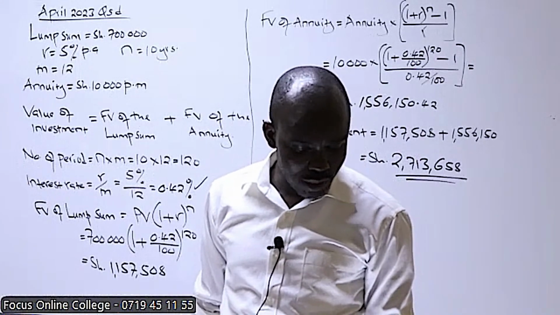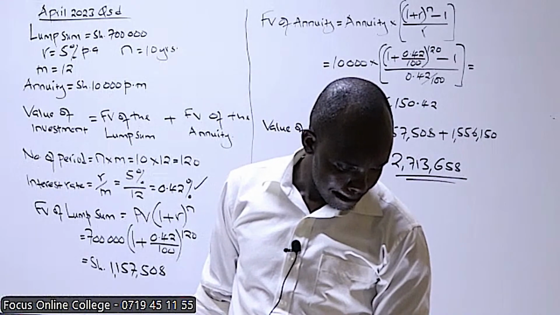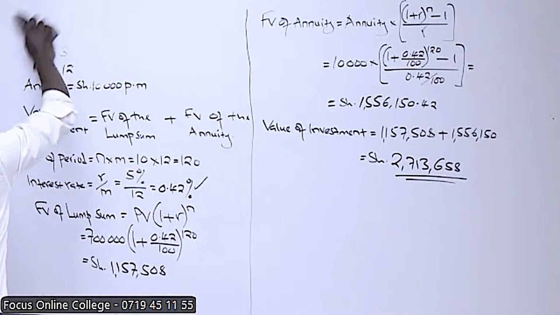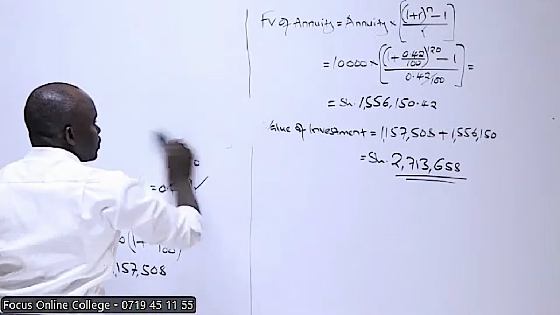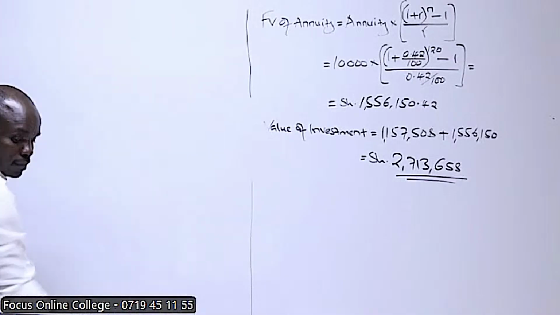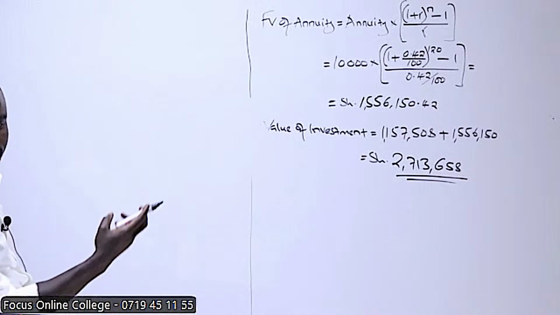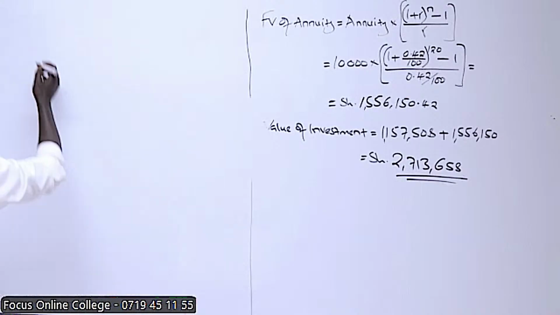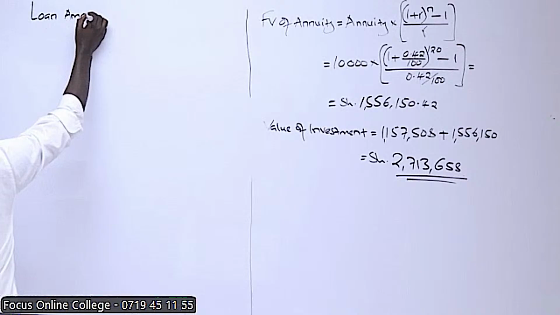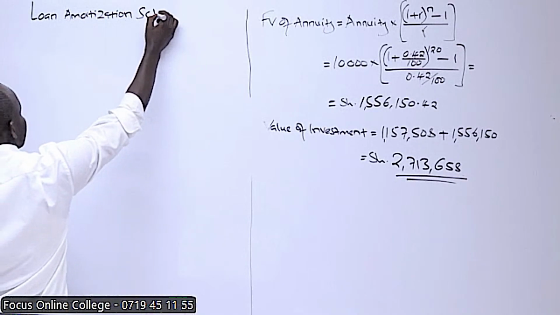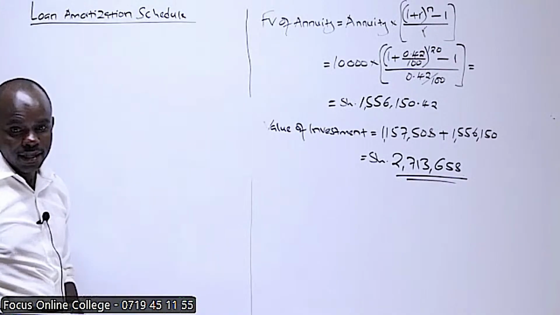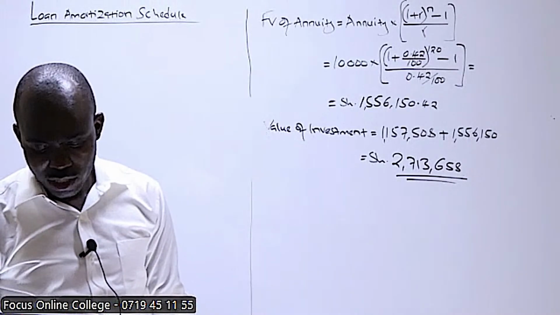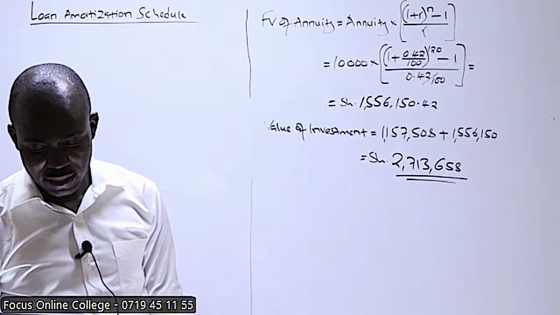Under that, loan amortization schedule. Now, a loan amortization schedule is a schedule that is used to determine the amount of installment that one should pay when they have borrowed money at an interest rate.